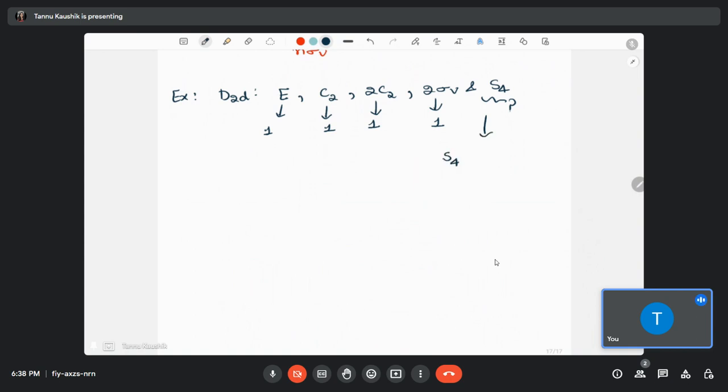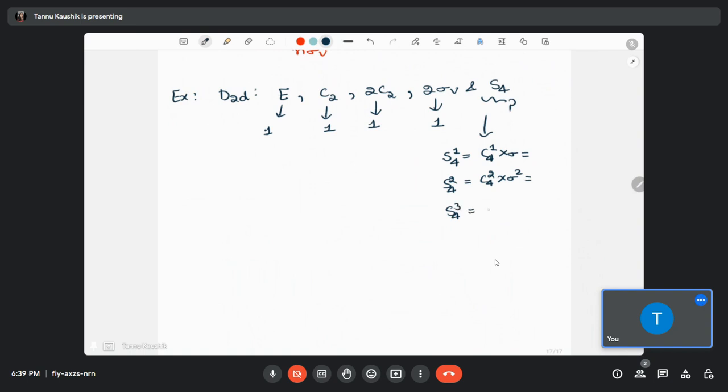So let us check. S4^1 is equal to C4^1 into sigma, S4^2 is equal to C4^2 into sigma squared. Even powers of sigma will always give the identity element, and odd powers will give the reflection operation back again.